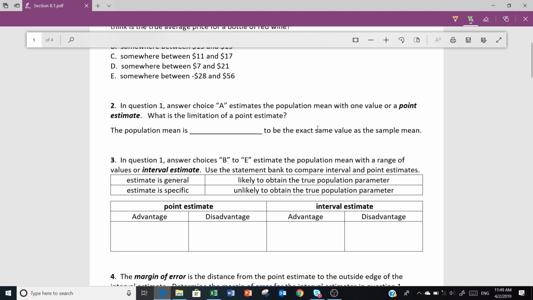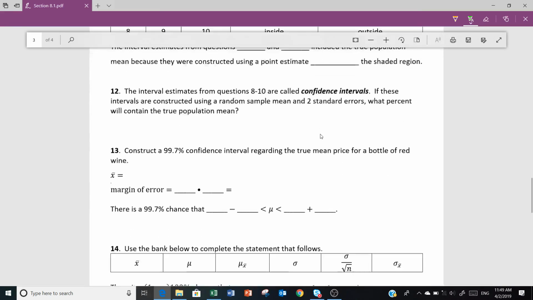Let's look at a previous problem. Let's look at what we did for the 99.7% confidence. Remember that our X bar was 14? How did we find the margin of error for 99.7%? What's the empirical rule on 99.7%? It's 3.